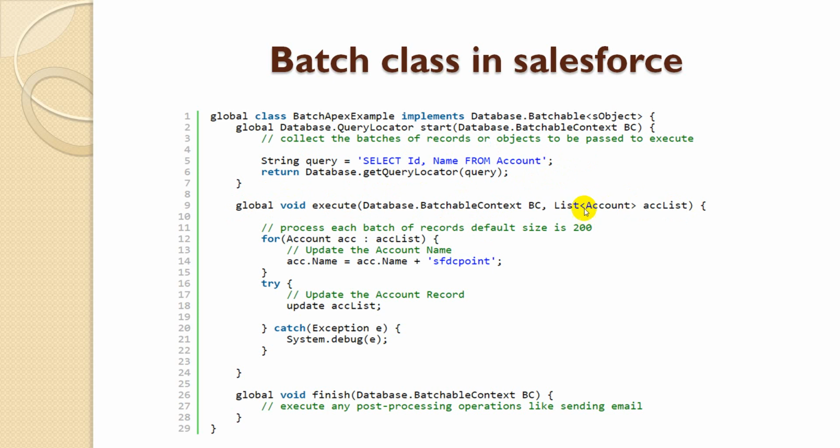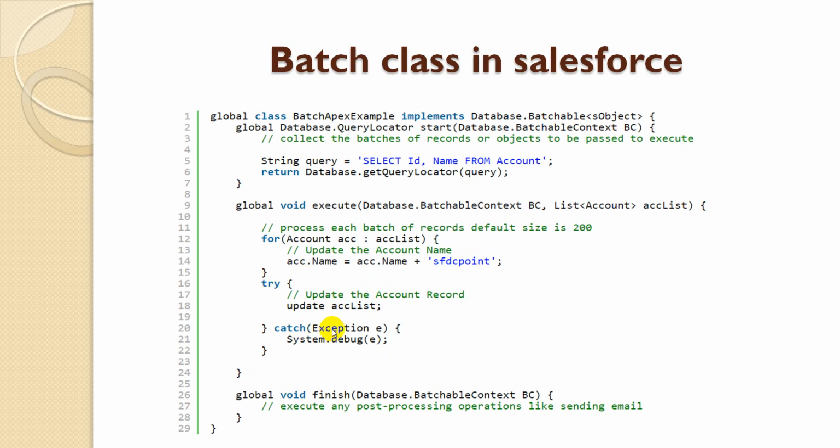We are going to create a list of SObject, Account acc, and process each batch of records. The default size is 200, so by default, if you don't write a number. For the account list, we are going to create a loop and update the account name: account name equals account name plus ' SFDC'.